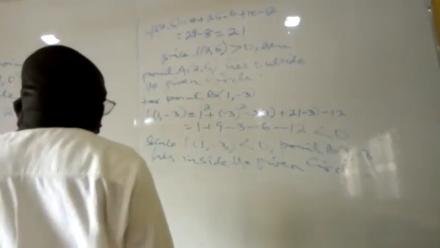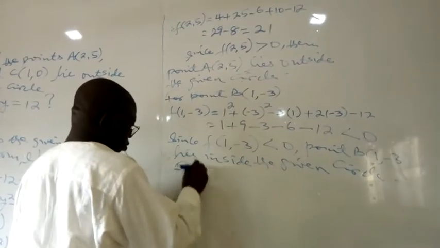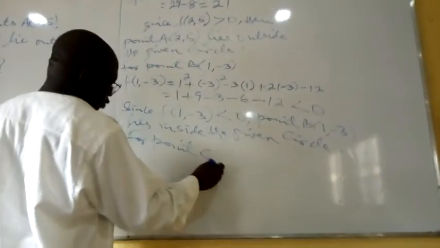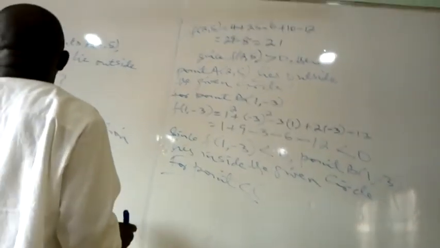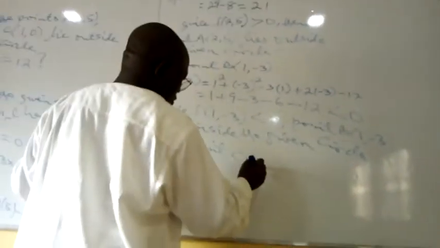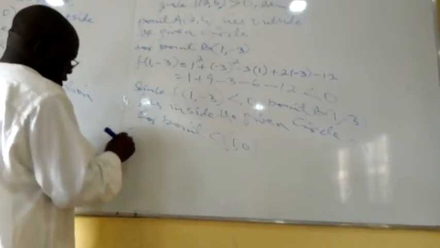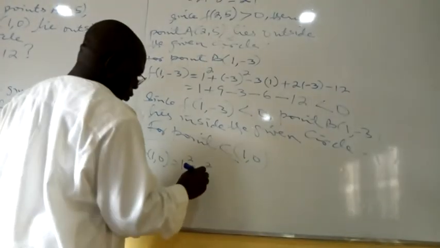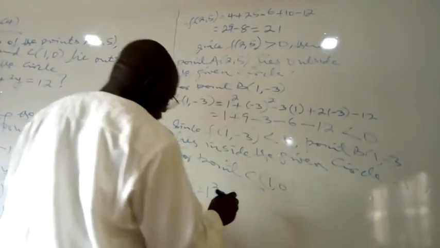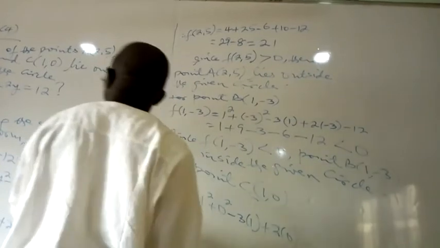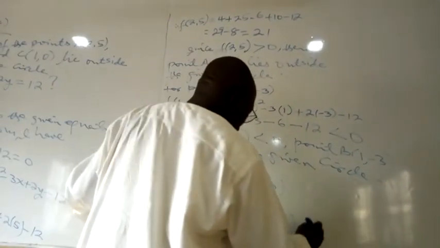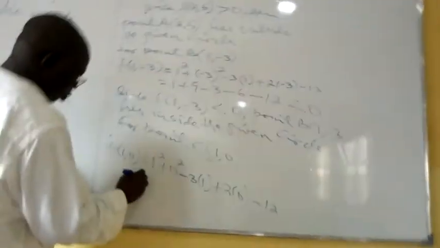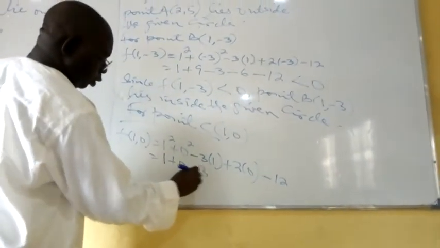Then for point C, the coordinates are (1, 0). f(1, 0) = 1² + 0² - 3 into 1 + 2 into 0 - 12, which equals 1 + 0 - 3 + 0 - 12.